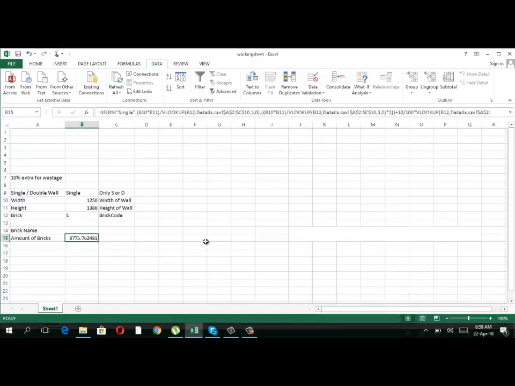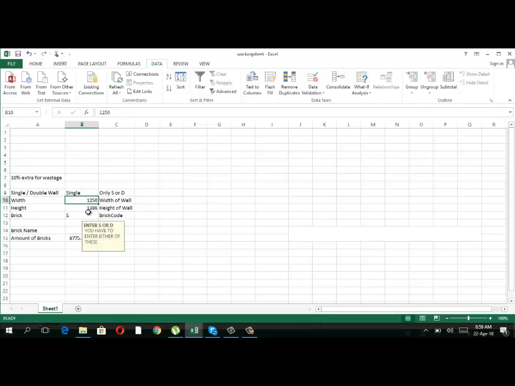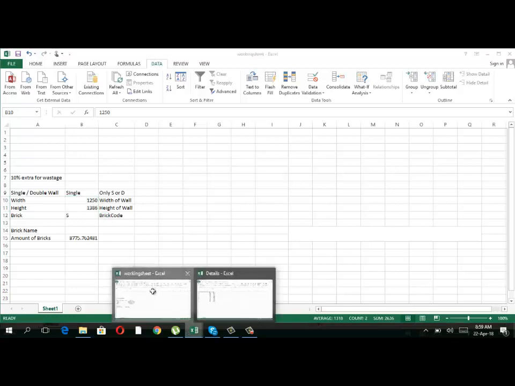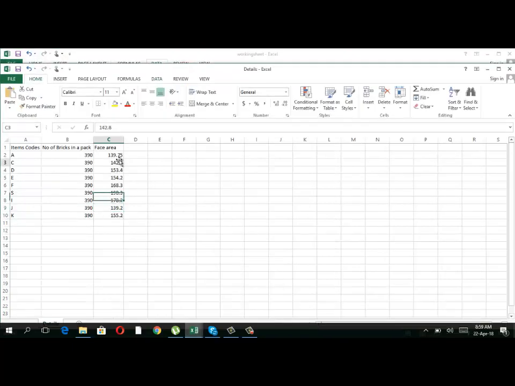Basically there are two things we have to do. If it's a single wall, then we simply multiply this by this, and the total area of the wall will obviously be divided by the face area of the brick.